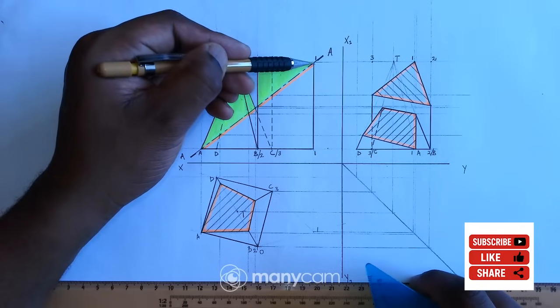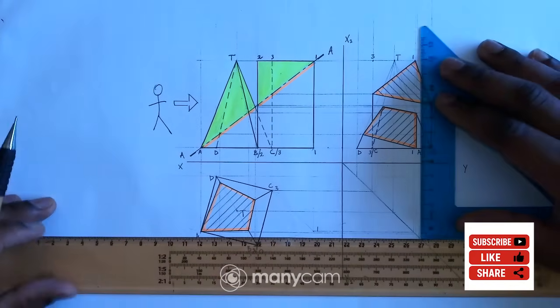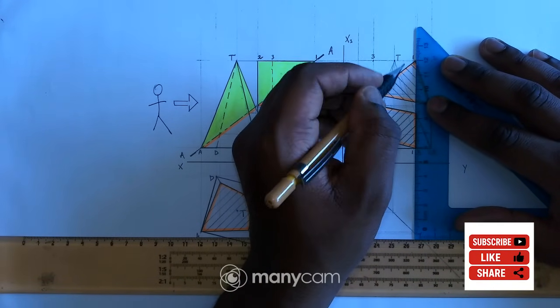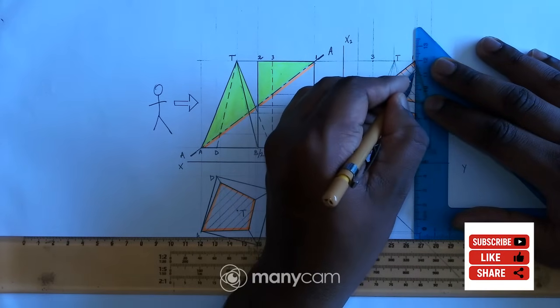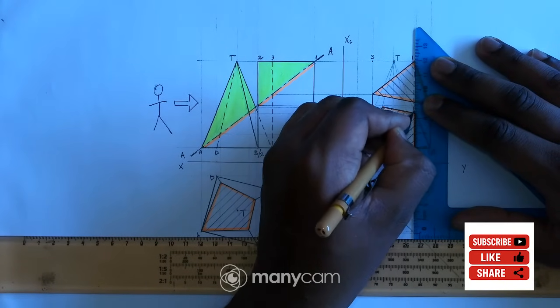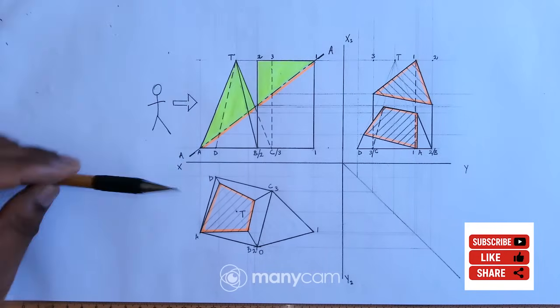So that line, we do have that line from point 1 all the way to point 1, so obviously that line is hidden, so I'll have to draw in some hidden detail line. Okay, so this is the complete sectional left view.